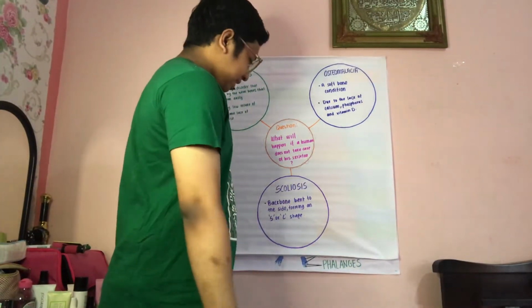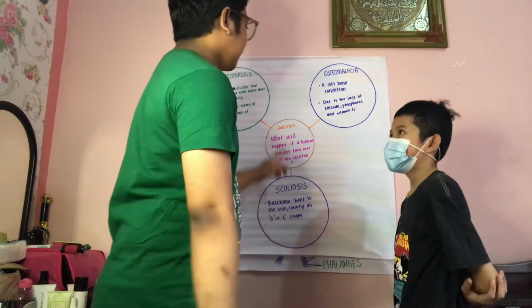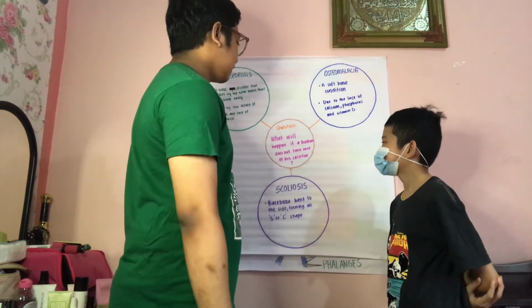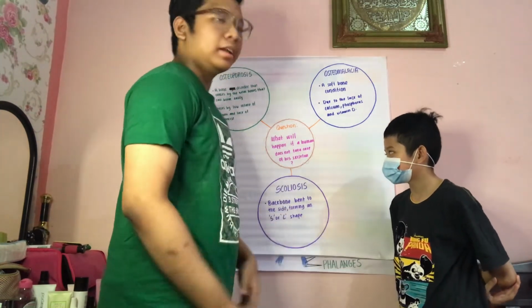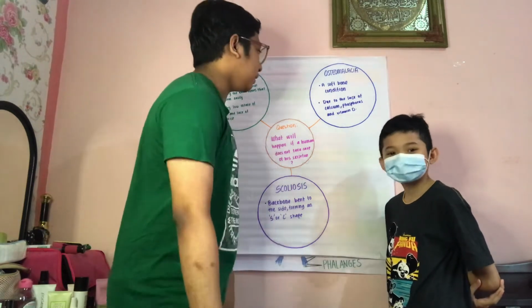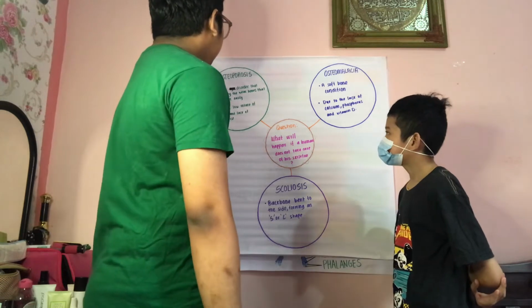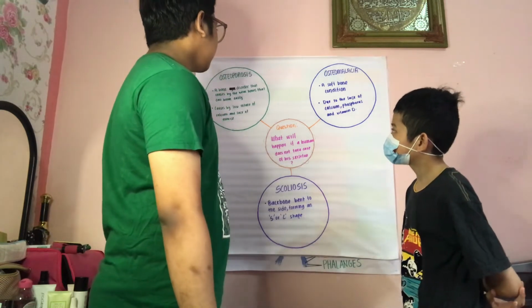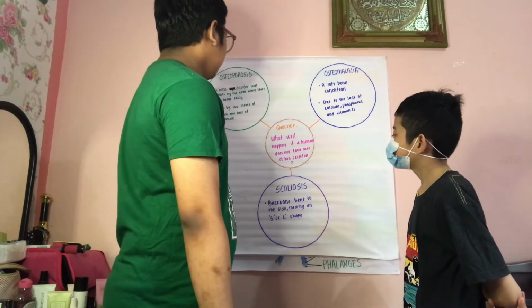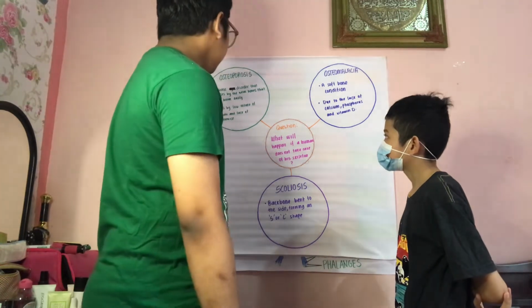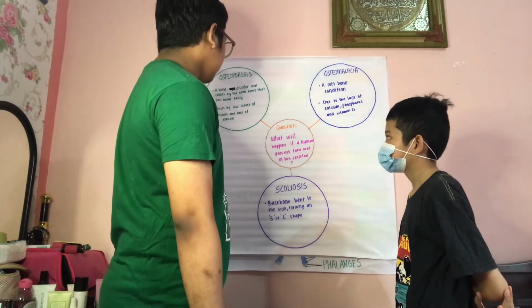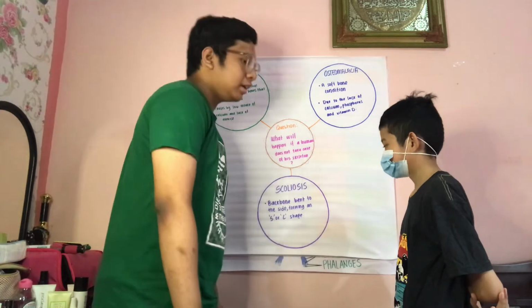Okay, go, Ari. The question that given is, what will happen if a human does not take care of his skeleton? The first one is osteoporosis. It's a bone disorder that causes by the weak bones that can break easily. And the second one is causes by low intake of calcium and lack of exercise.